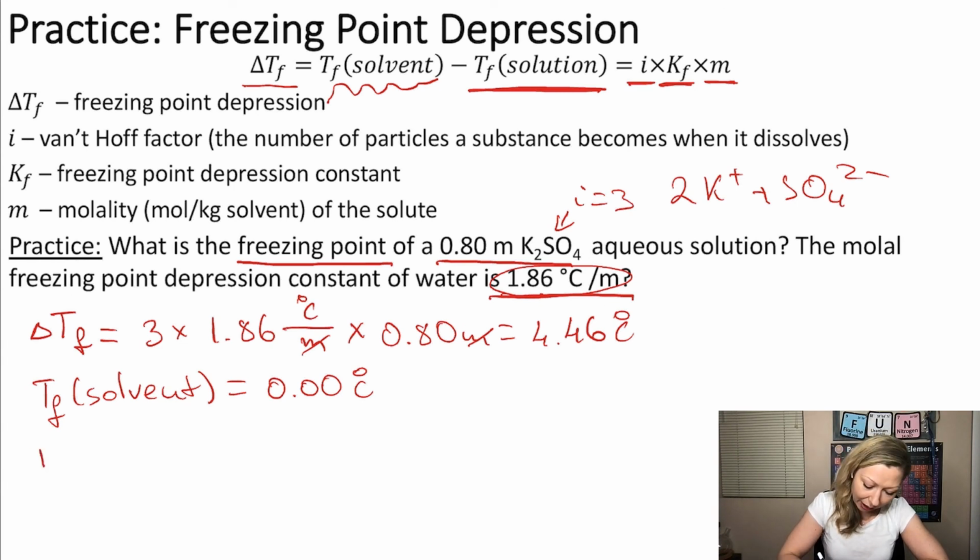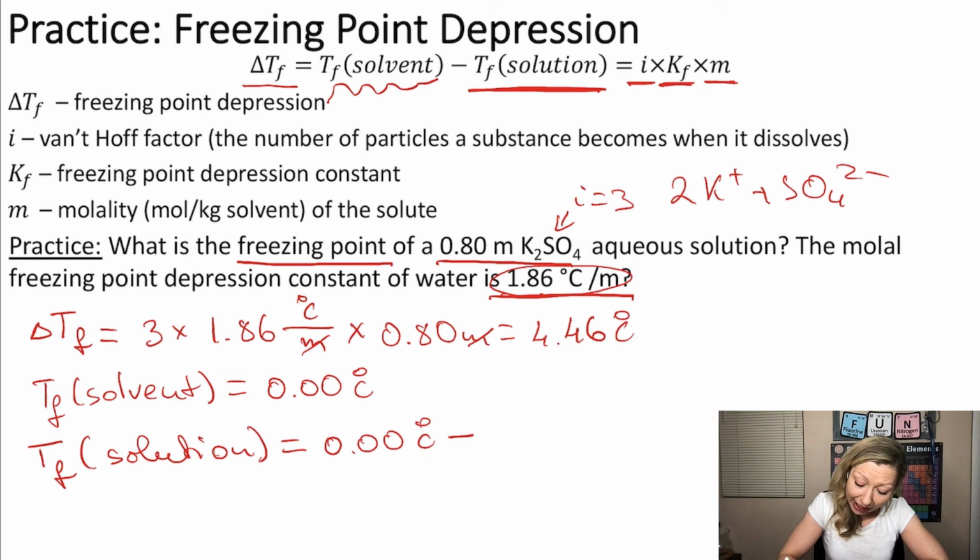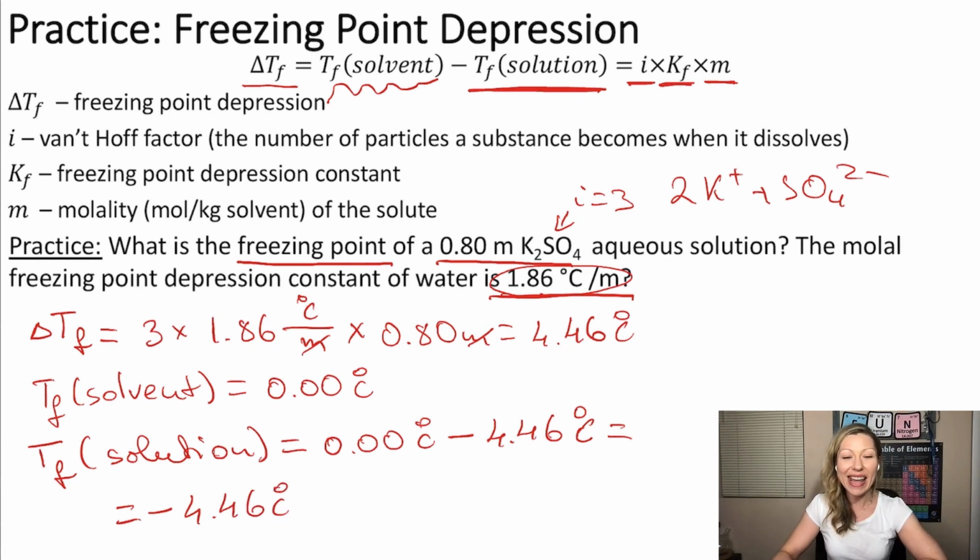Now we can calculate the T sub F for the solution, which equals 0.00 degrees Celsius minus 4.46 degrees C. So the overall freezing point of the solution is going to be minus 4.46 degrees Celsius. Okay, I hope this makes sense.